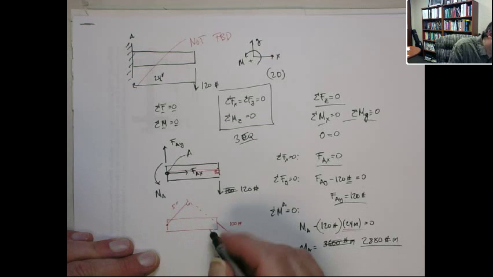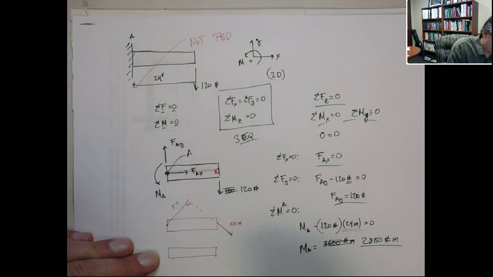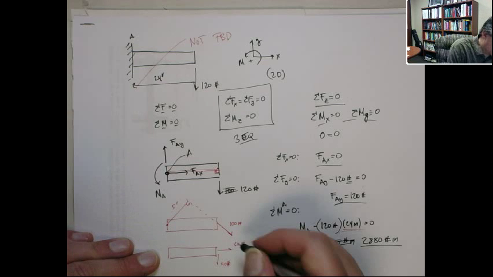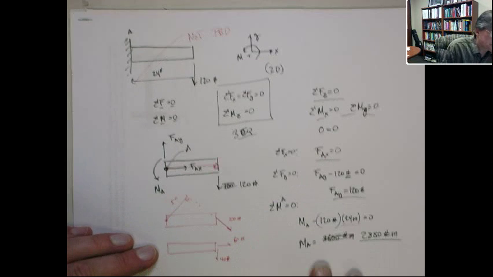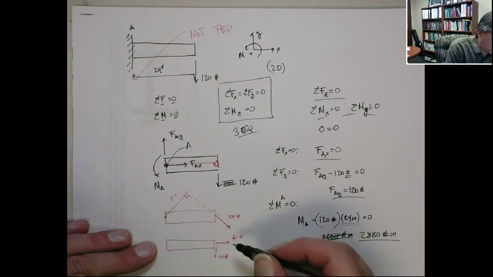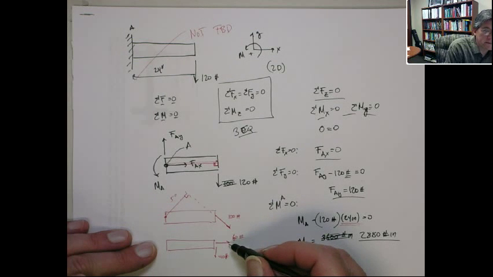Typically, what you would do, the easier approach, what I would find easier, is just to break this up into its components. Maybe it's a 3, 4, 5 triangle. So this would be 60 pounds. It's 40 pounds that way. I'm writing small, sorry. It's 60, 40. And so this one has a moment of 0.